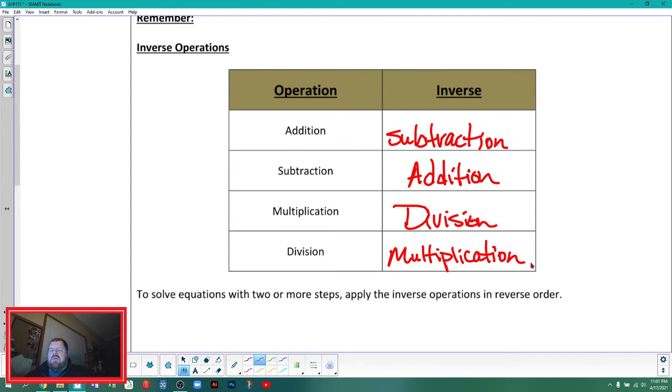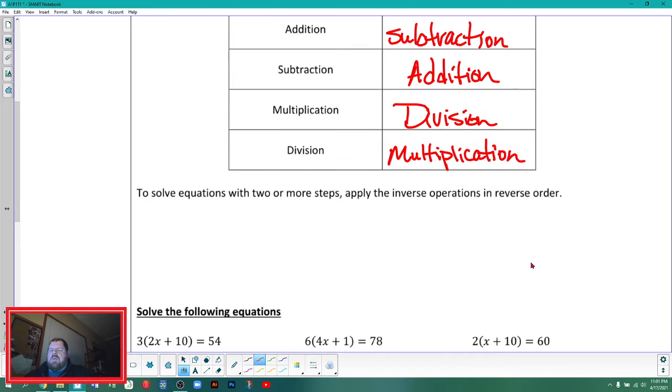And it says here that with equations with two or more steps, we want to apply inverse operations in the reverse order. We kind of started talking about this last week, but we're going to get even more involved today.